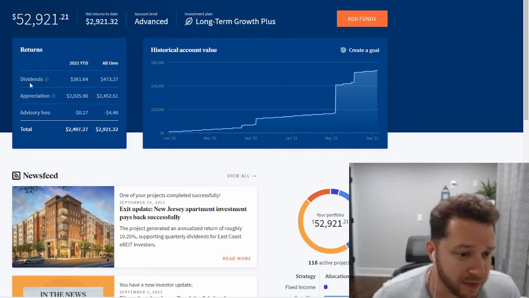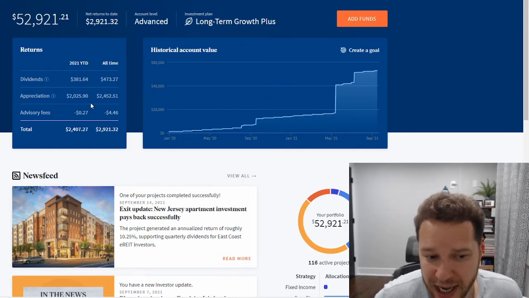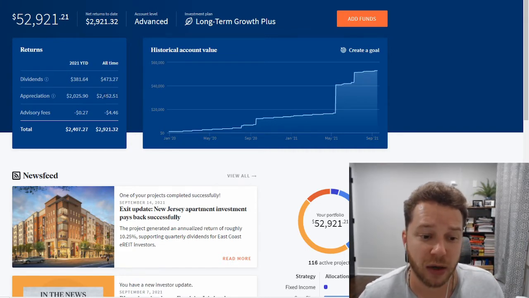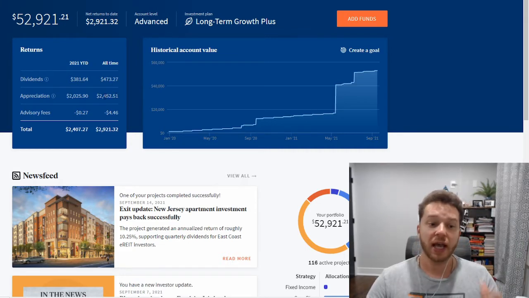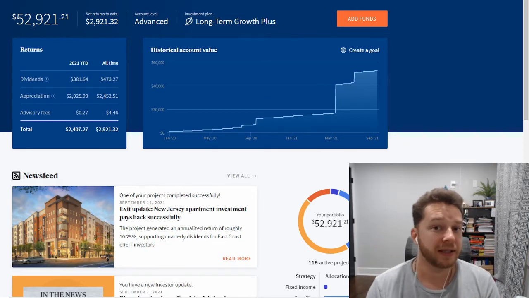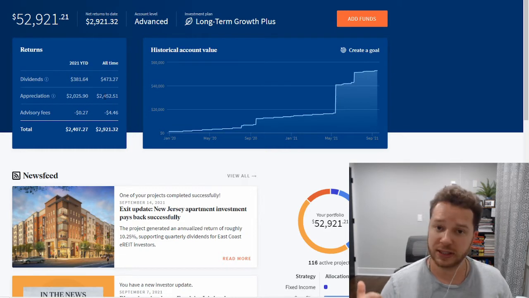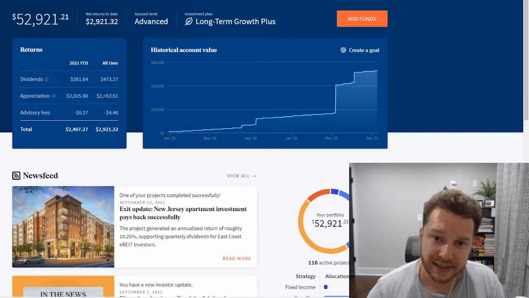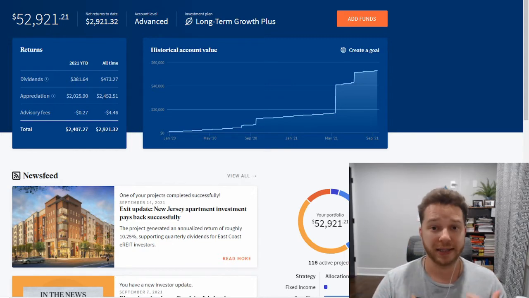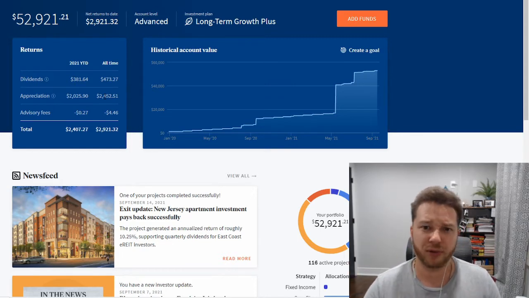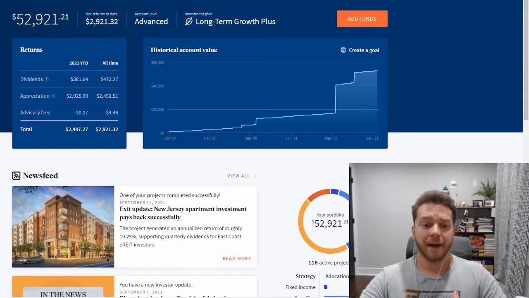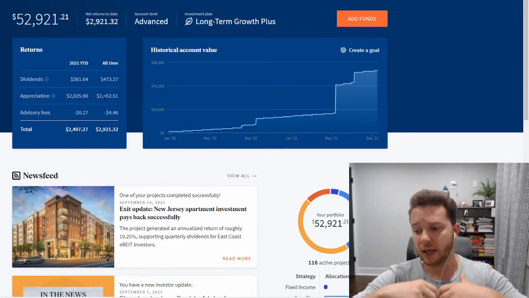As you can see on the left side, we have dividends, we have appreciation, and my all-time profit in appreciation is $2,452. Now that number can fluctuate based on the economic environment at that point in time. So for example, when the COVID-19 epidemic hit, the appreciation actually went down by about 2 or 3% for a very short amount of time, and that is because no houses were sold.